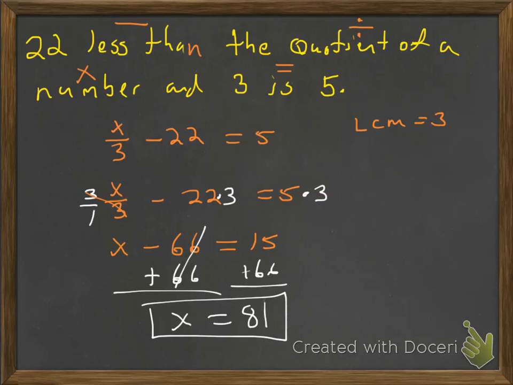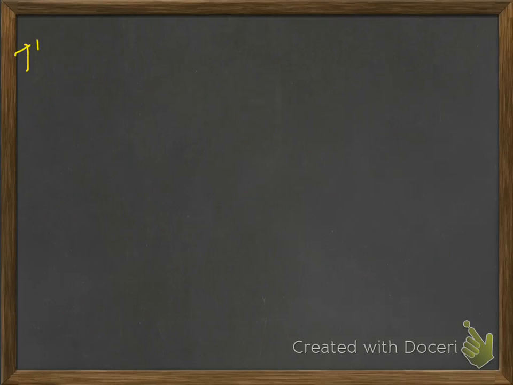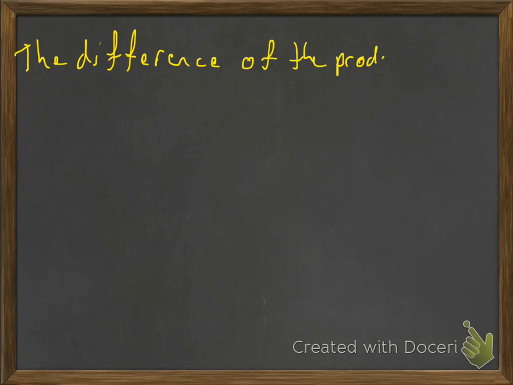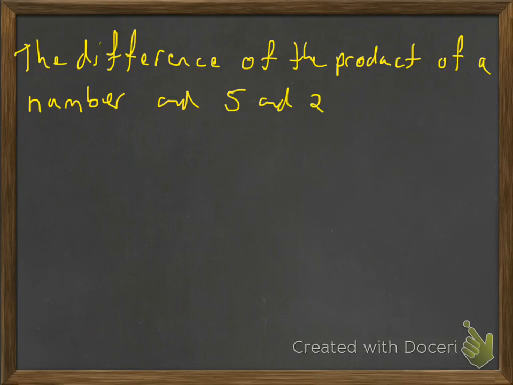Okay, let's try one more. Let's say that we have the difference, so that looks like subtraction, of the product. We haven't had product yet, that means multiplication. So the product of a number and 5, and 2 is 11.